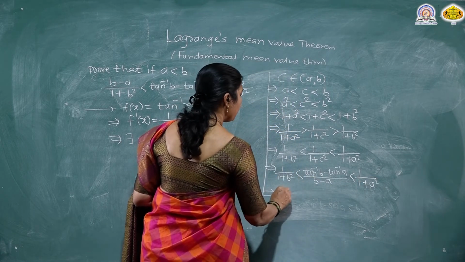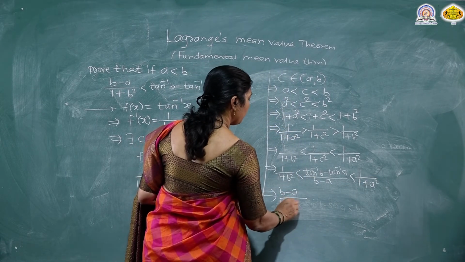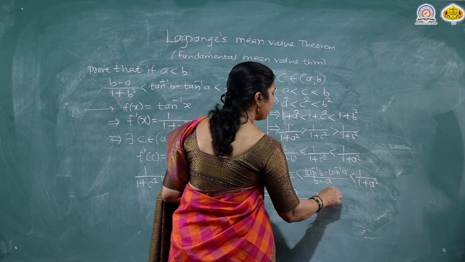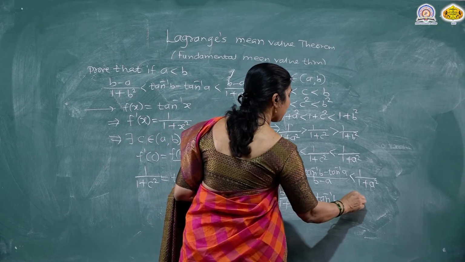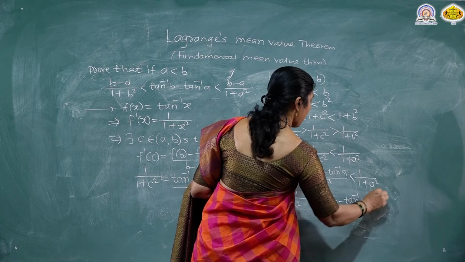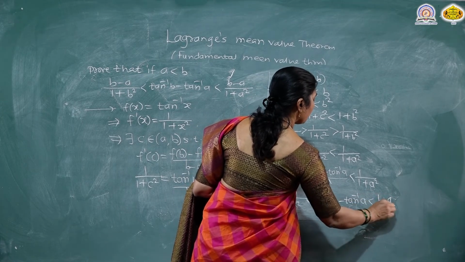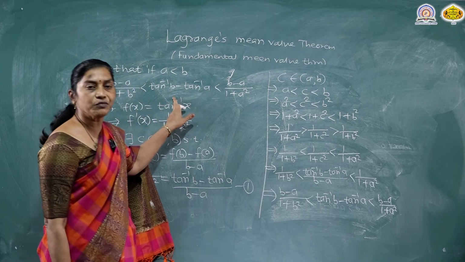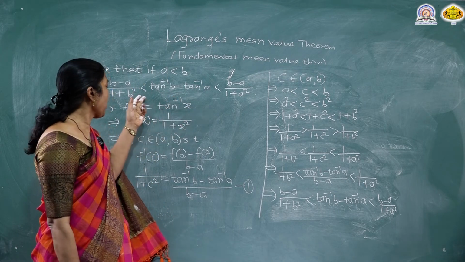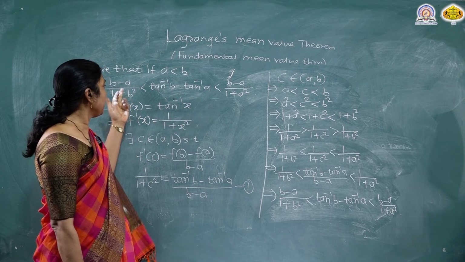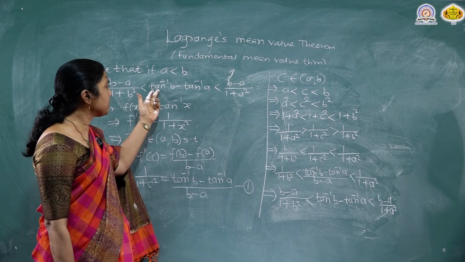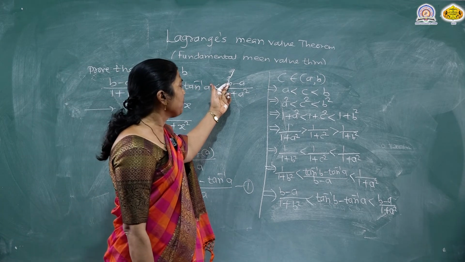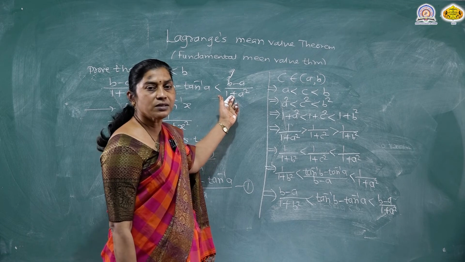Cross multiplying, we get (b minus a) upon (1 plus b square) is less than tan inverse b minus tan inverse a, which is less than (b minus a) upon (1 plus a square), which is nothing but what we wanted to prove.